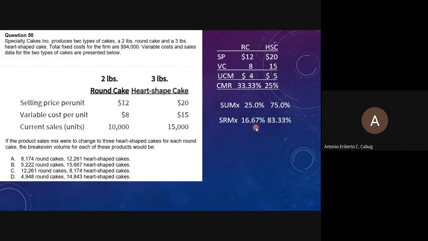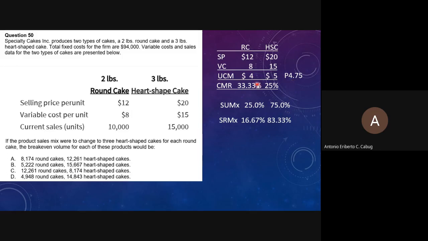Then the remaining 60 over 72 is 83.333%.